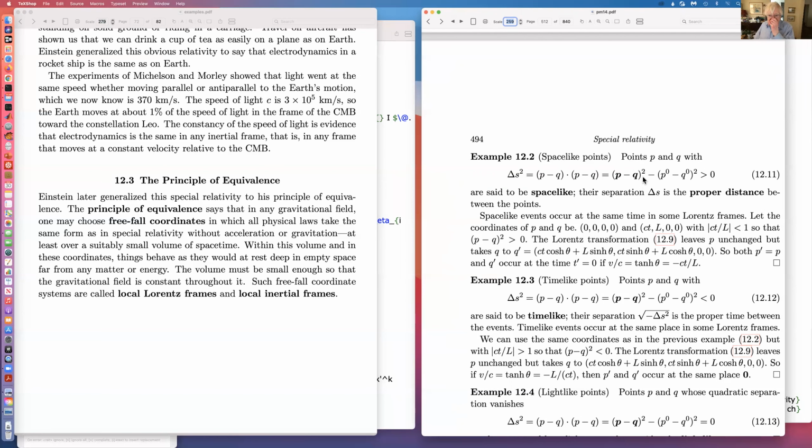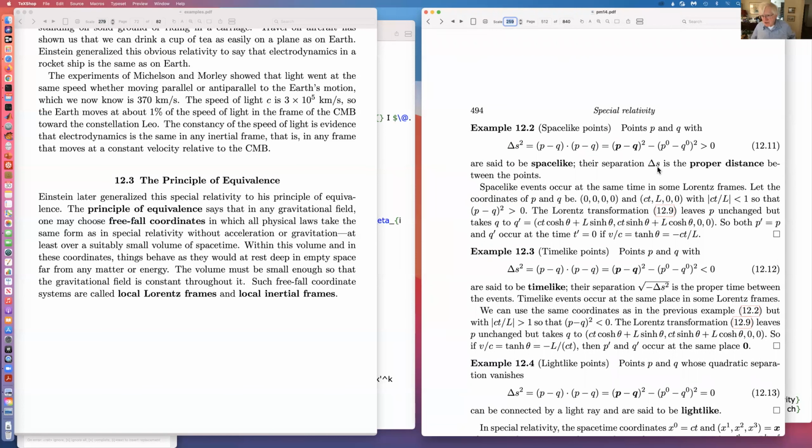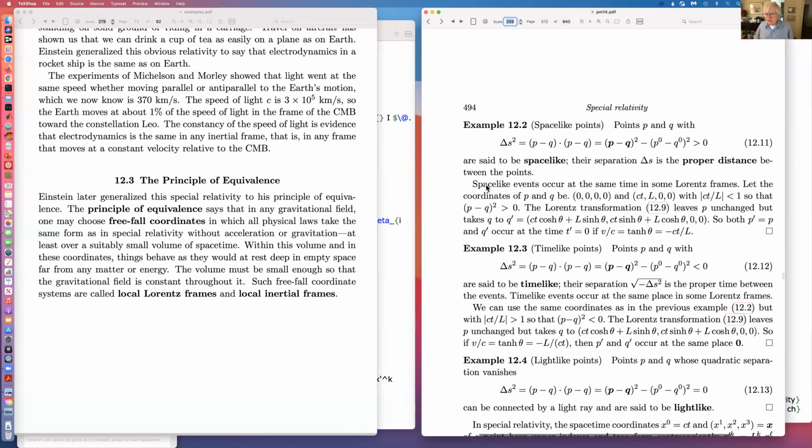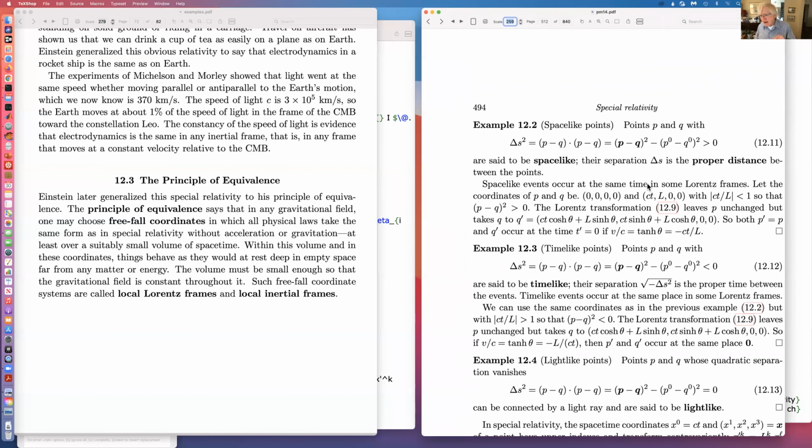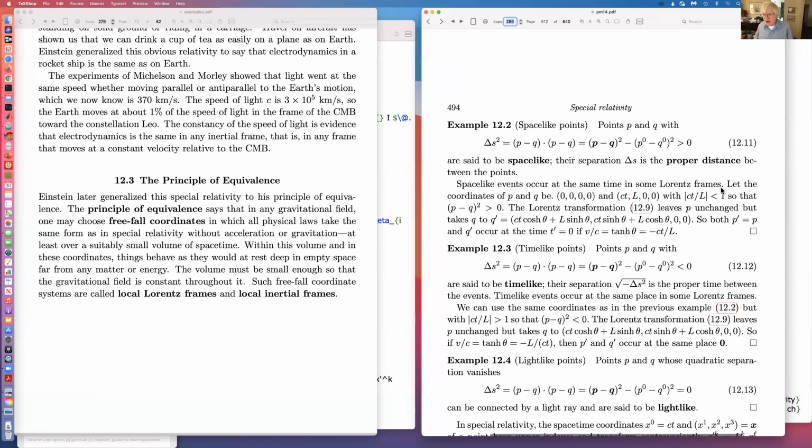If that's positive, we say it's space-like, and the separation delta S is called the proper distance between the two points. And for space-like events, because the space part is the main thing that separates the two events, there's some Lorentz frame in which these events P and Q occur at the same time.